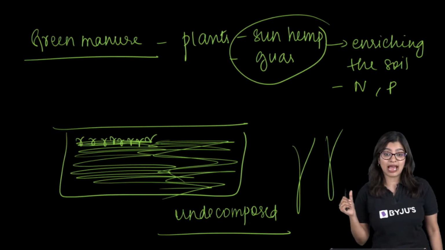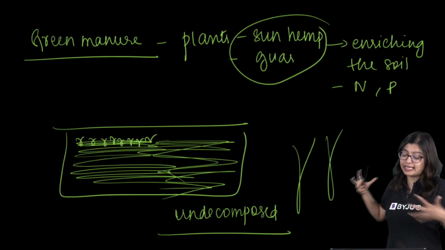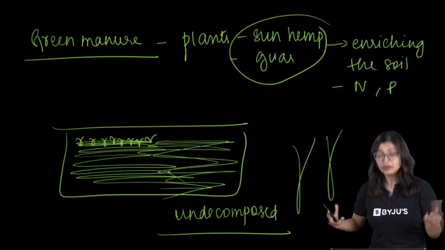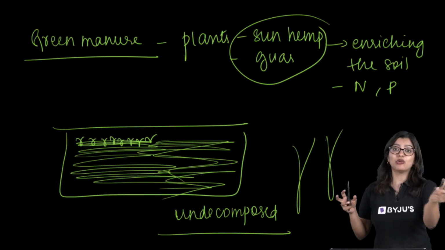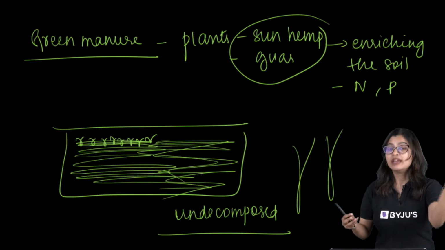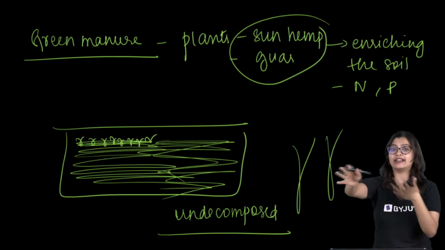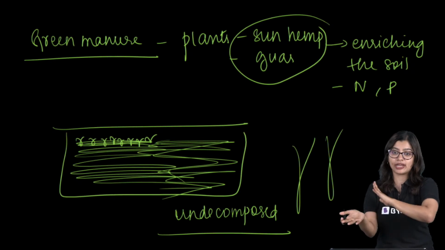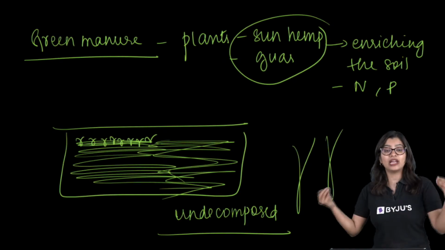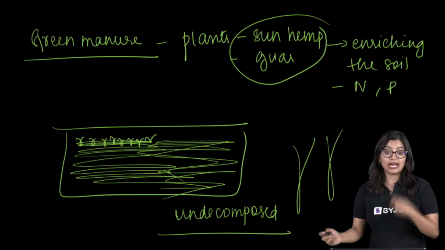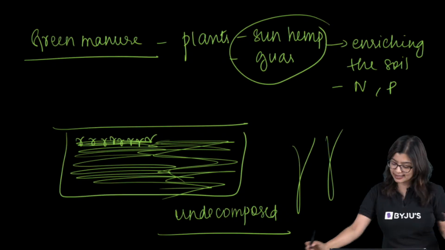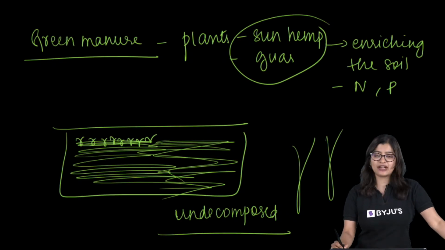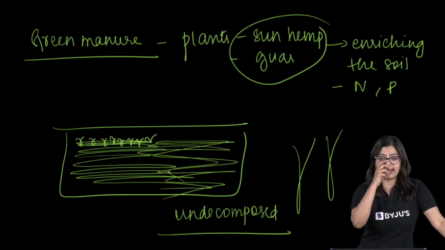Green manure is basically undecomposed green material grown prior to your main crop, such that it can eventually be mulched with the soil. That means I'll mix it with my soil as is, and that provides my nutrient. Normally, even leguminous plants are grown.